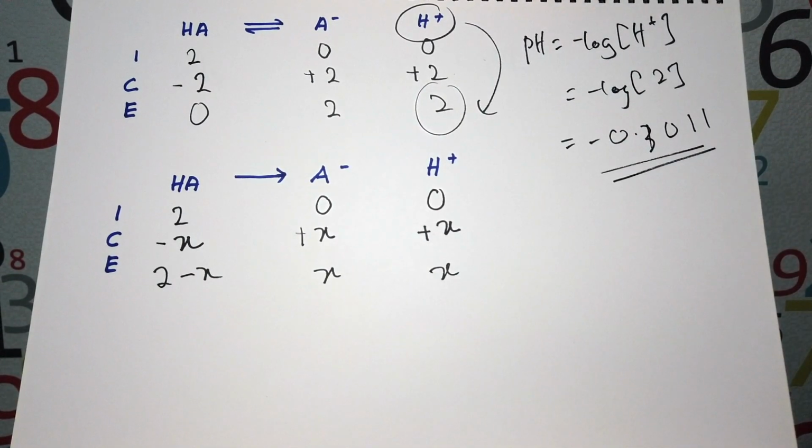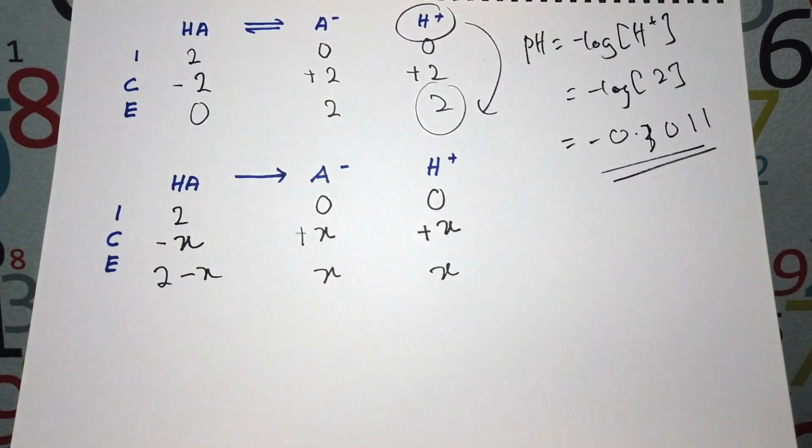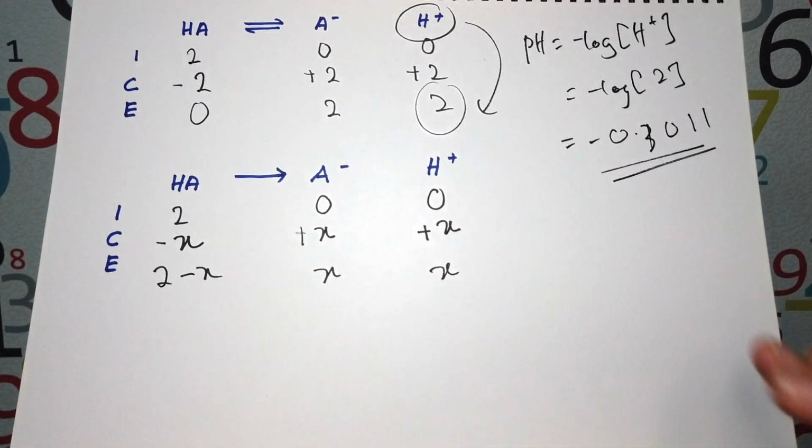This is the pH value for the strong acid itself. But for the weak acid, you need to calculate the value of X and move on from there, because you need to check whether the value of X is valid, since we are going to use the approximation method. So we are going to continue calculating the value of X.